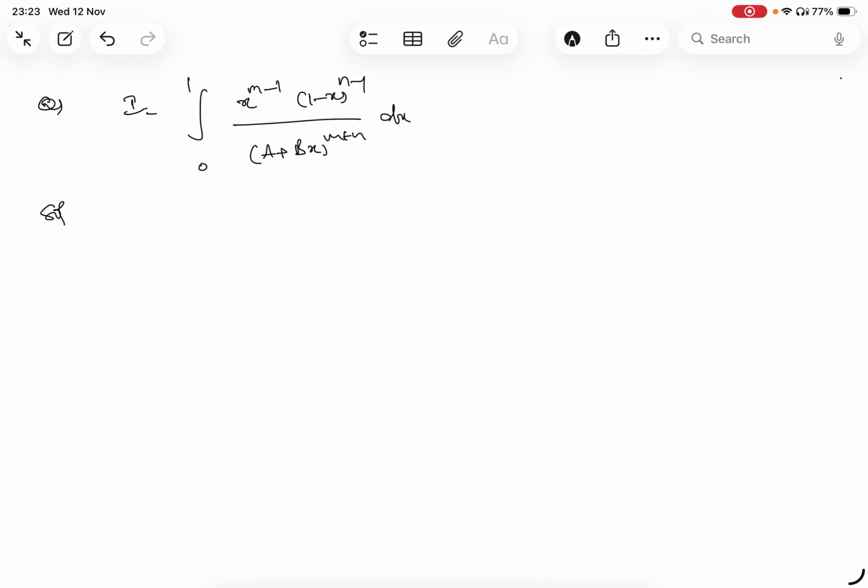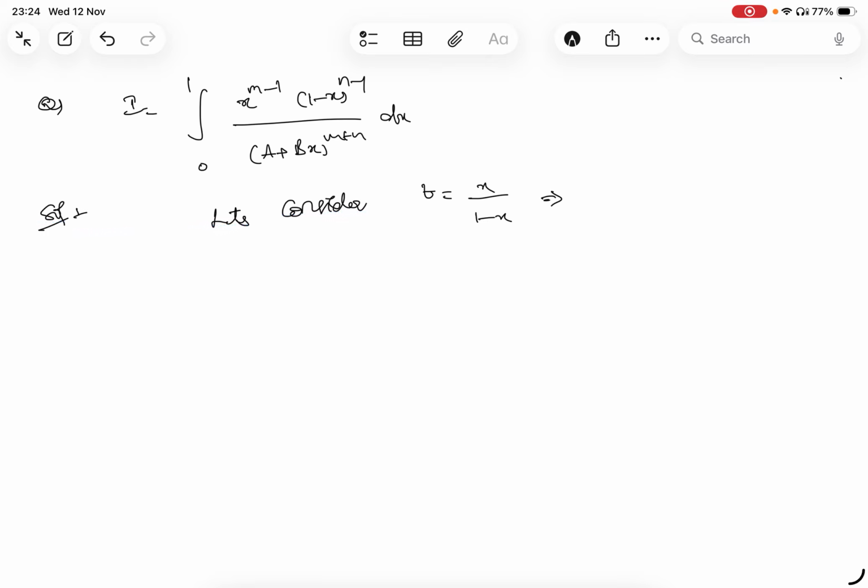So let's start. As you can see in the numerator, it is x and 1 minus x terms, right? So let's make a substitution here. Let's consider t as x by 1 minus x, right?